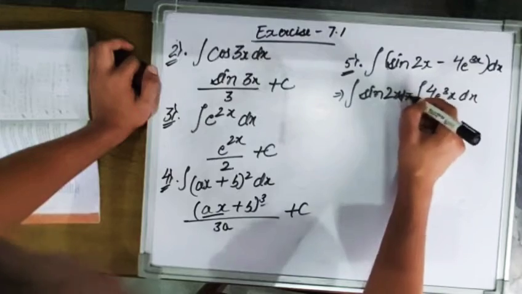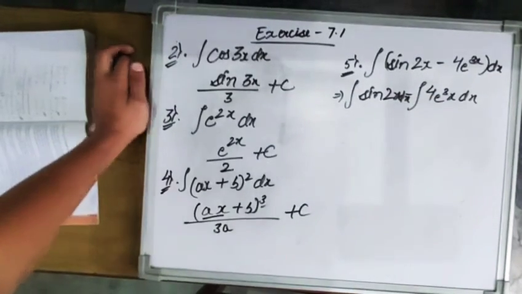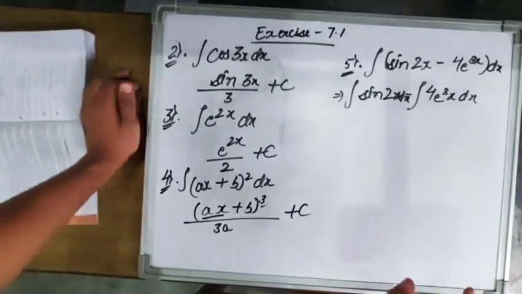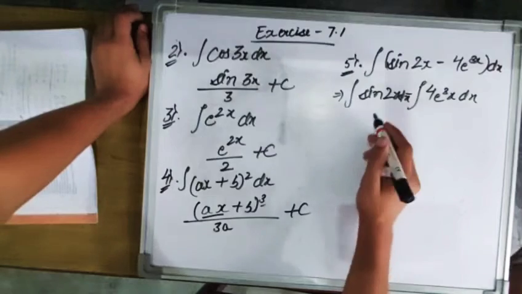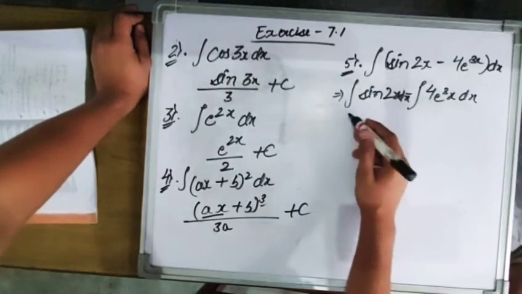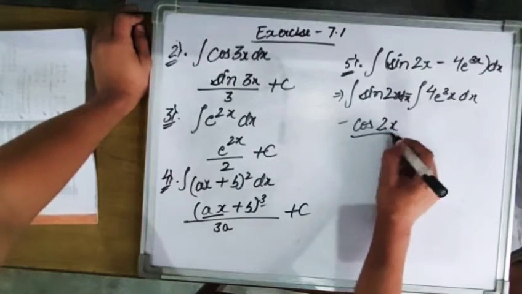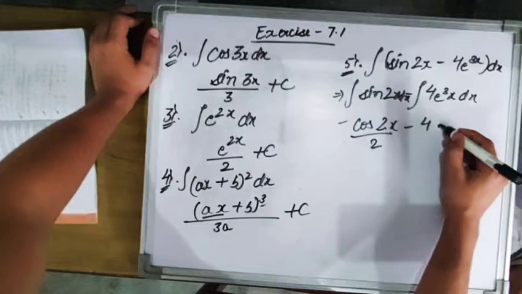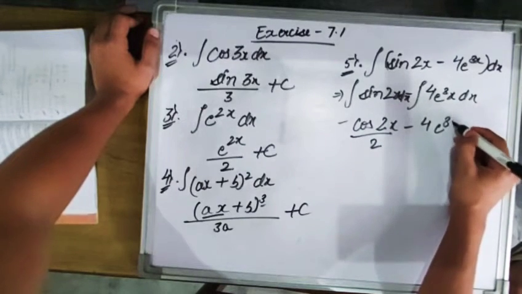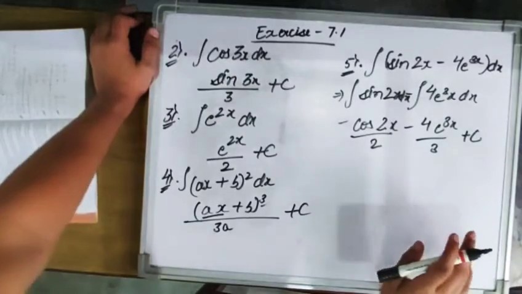Sorry, I forgot to write dx here. Dx is used to denote that the integral is done with respect to x. So finding the integral of sine 2x, we have minus cos 2x upon 2, minus 4, which is the constant, leaving it as it is, e raised to power 3x upon 3, plus c. This question was quite easy.